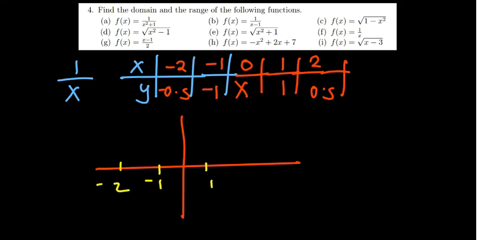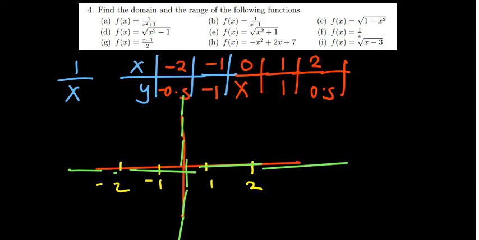0 is undefined. 1, 1, negative 1, negative 2, positive 2. So x is equal to 0 is what? The vertical asymptote. The other asymptote is what? If you make your inverse, it is also 1 over y, so y is equal to 0 is also our horizontal asymptote.